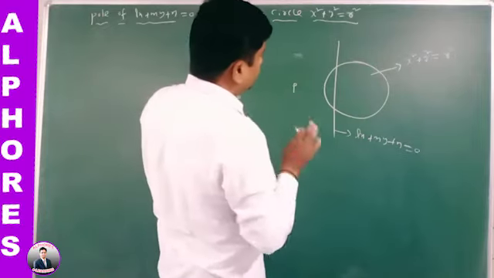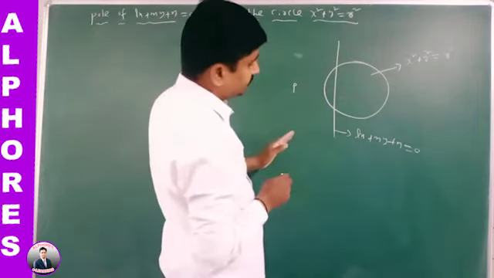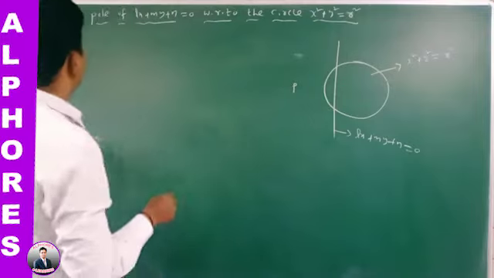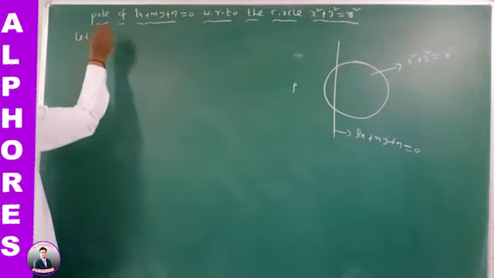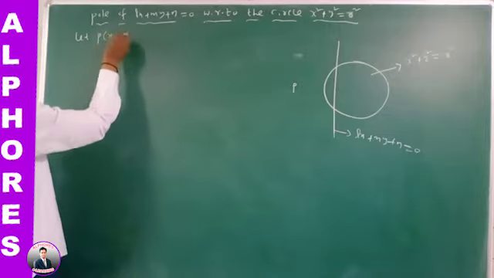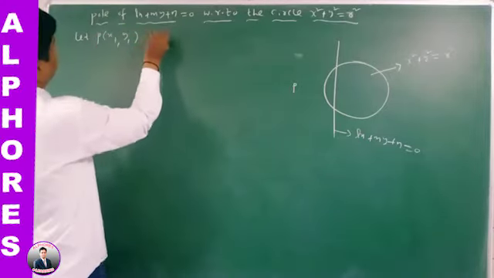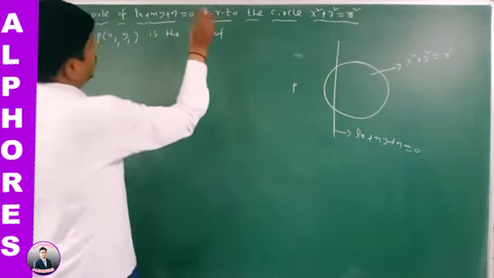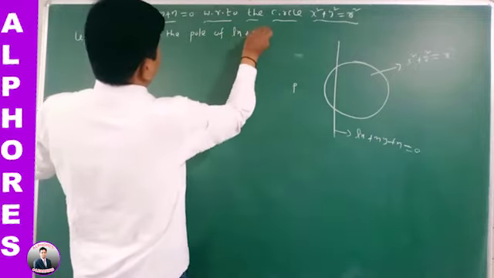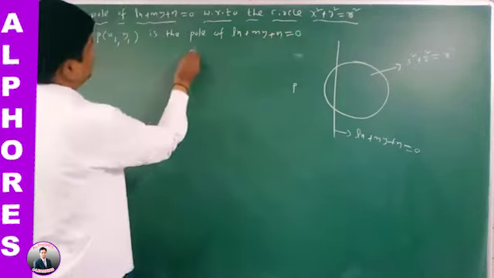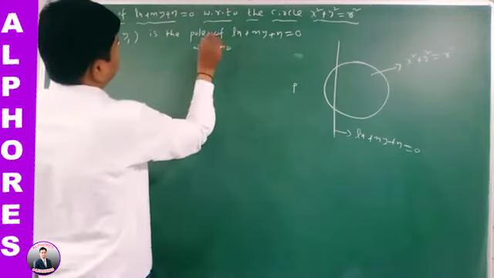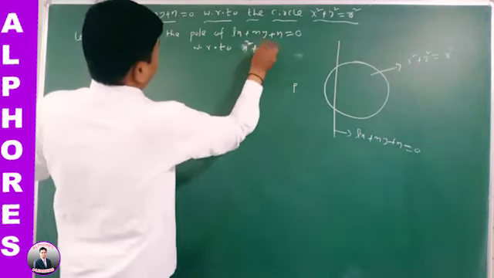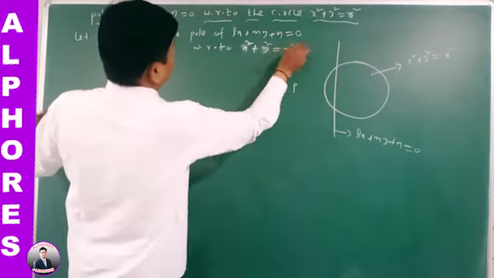Pole is what? If the polar and circle equation are given, pole is what? Let us suppose P(x1, y1) is the pole of Lx plus My plus n equal to 0 with respect to the circle x square plus y square equal to r square.